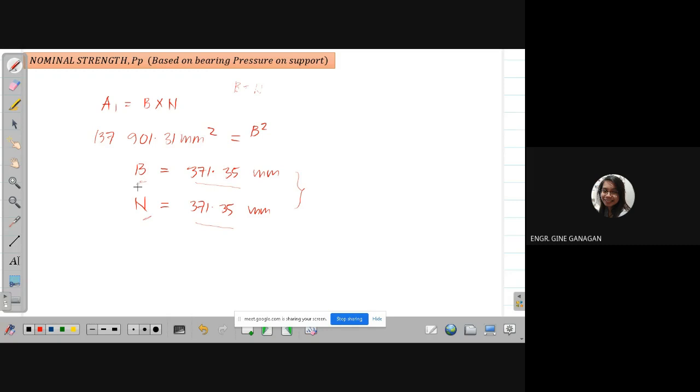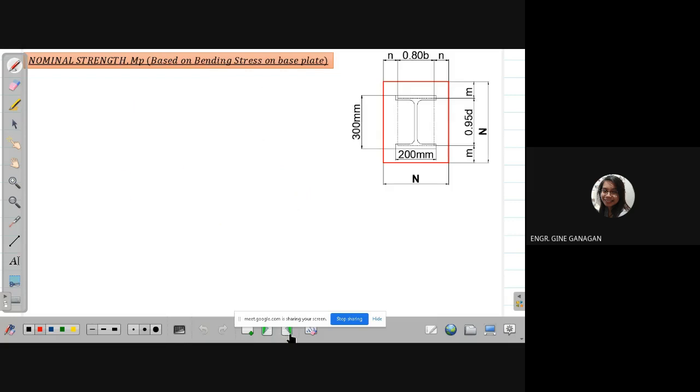Okay? So we have now our dimensions. Meron na tayong base, meron na tayong width, and meron na tayong length. Ang kulang na lang natin is yung thickness. So to solve for thickness, kunin natin yung equation based on the bending stress on our base plate.